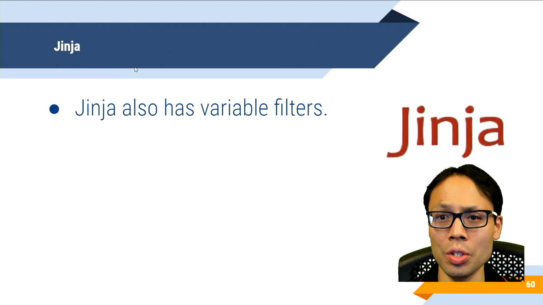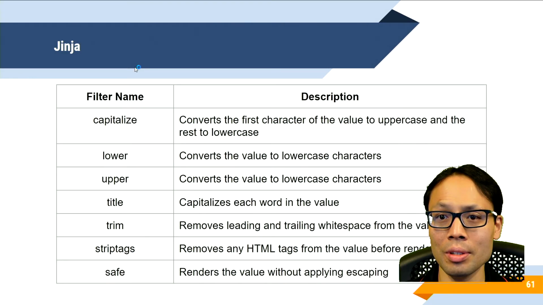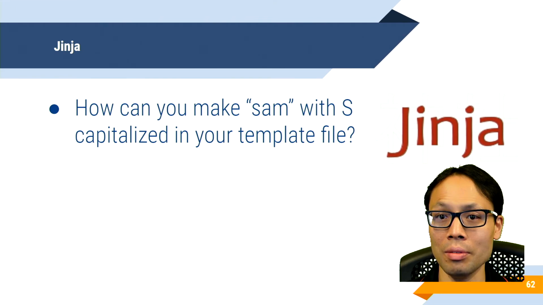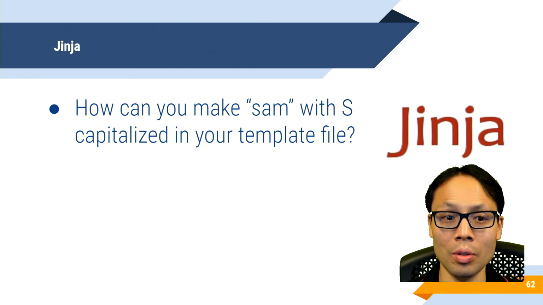All right, so Jinja also has variable filters. For example, you could capitalize the value of the variable, lowercase it, uppercase it, title it, or trim it. You could strip tags out of the values that come in, and you could also say safe. Let's look back very quickly at how this would work.